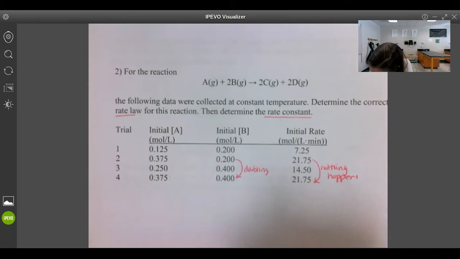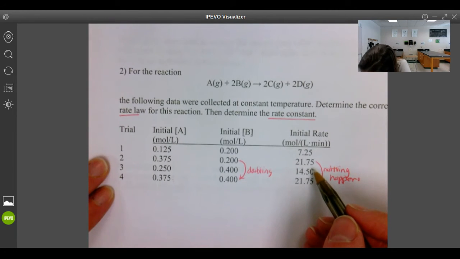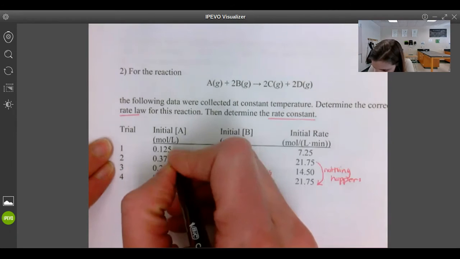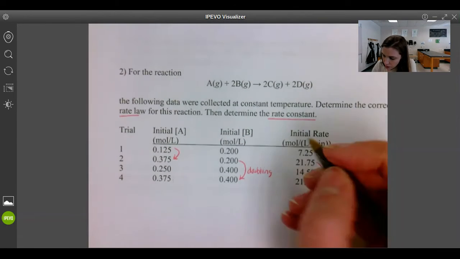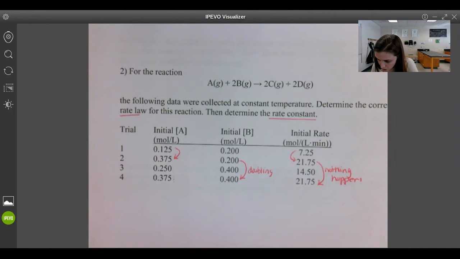All right, I'm trying to look for numbers that are easy to analyze. So let me just try this one out. Say I have 0.125 goes to 0.375, and I'm going to look at the rate there. 0.125 times 2 would be 0.25.